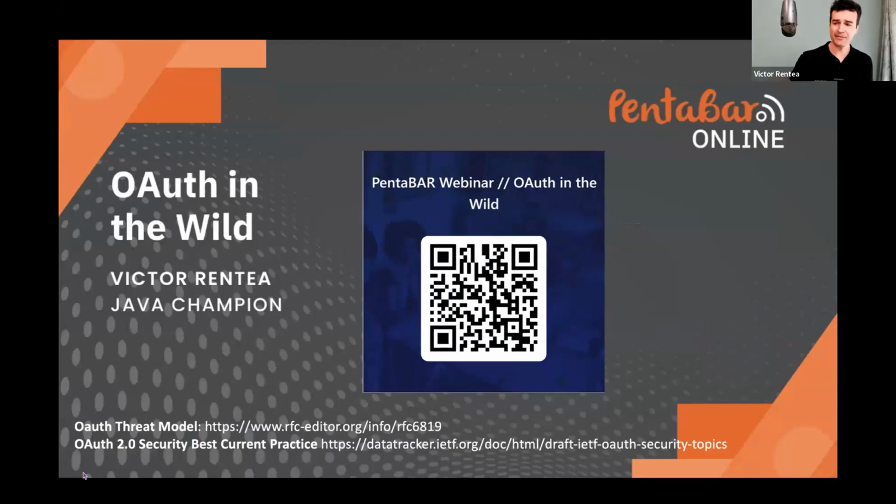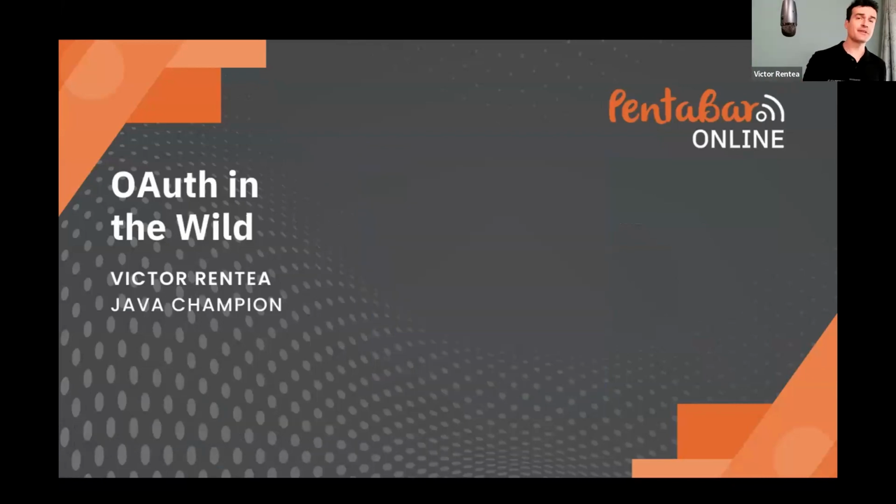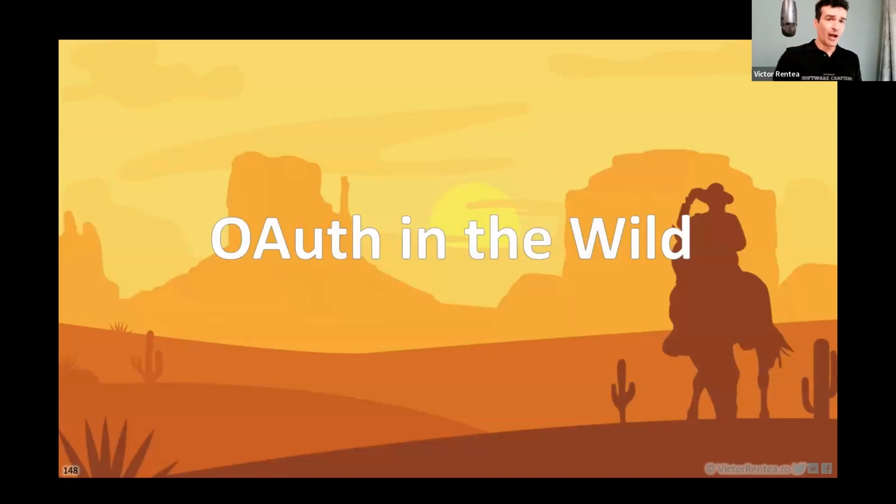this is the second episode of the discussion about OAuth, hosted by Pentalog, in which I am so pleased to be part and tell you more about what happens when you put OAuth in a wild web. So I'd like to start with the super basics, like 5 minutes of introduction.